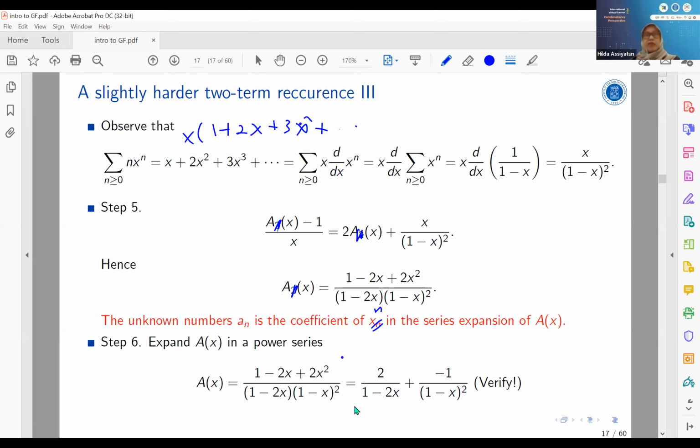Or maybe it's easier to verify by just checking that the right hand side equals the left hand side. Can you get this? Yes.